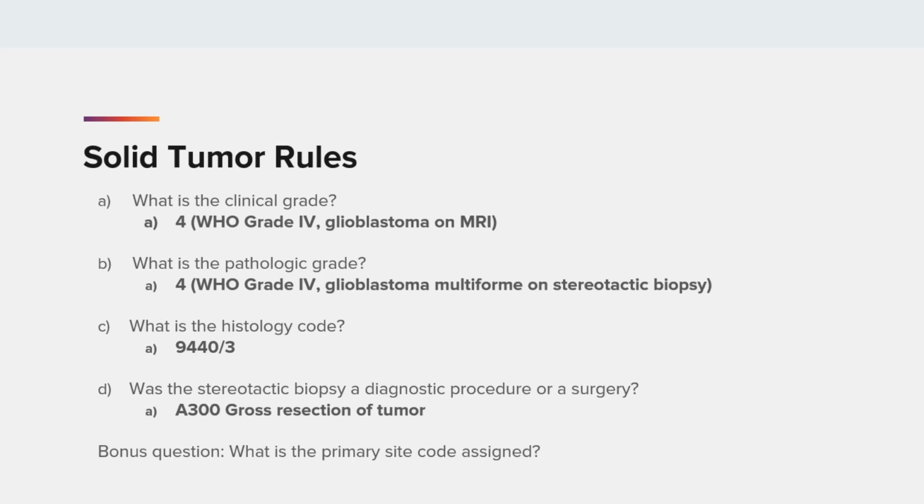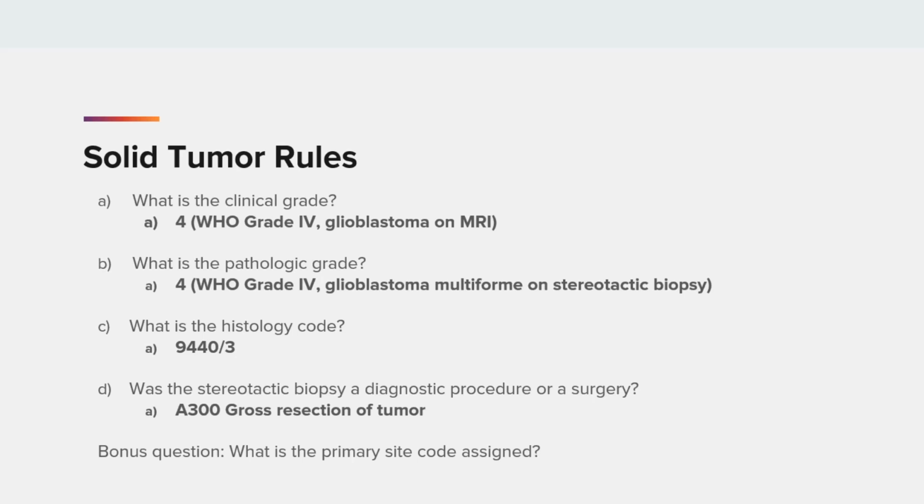Was the stereotactic biopsy a diagnostic procedure or a surgery? Code A300, gross resection of tumor, would be our code. This was a gross resection per the operative text. The intent was to biopsy the tumor, but per the operative report, the entire tumor was removed.